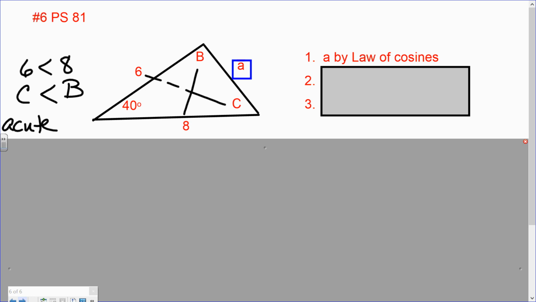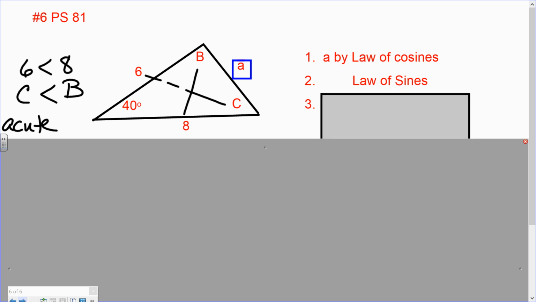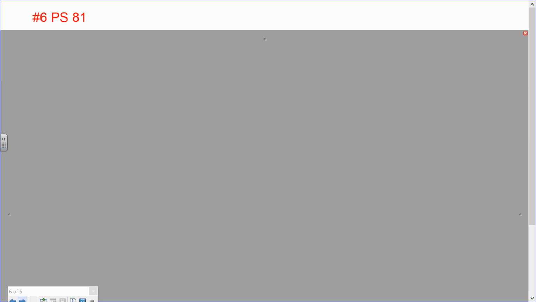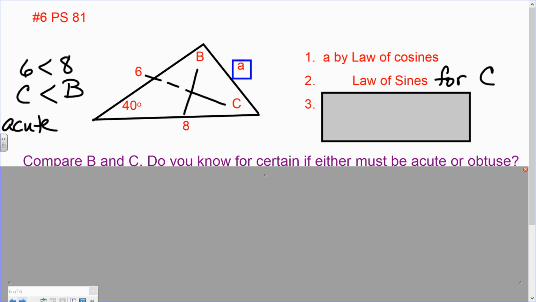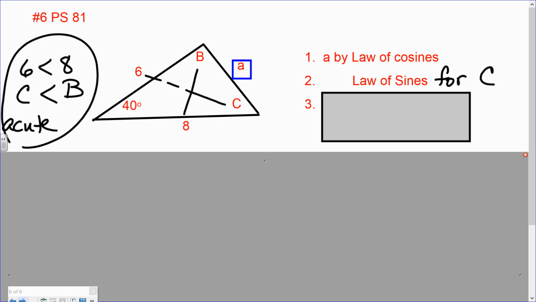So that means that as your second step, you want to use law of sines for C, and you need to have this work in the work that you show on your problem set. Once you have that, how are you going to get B?